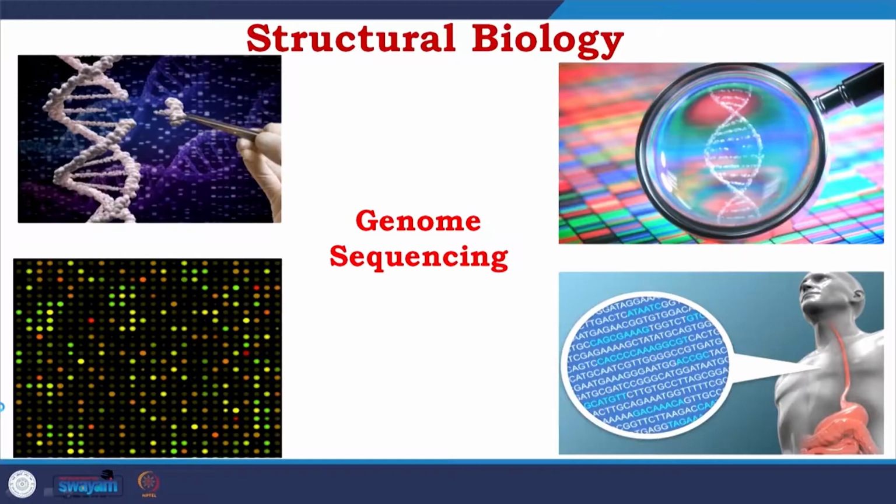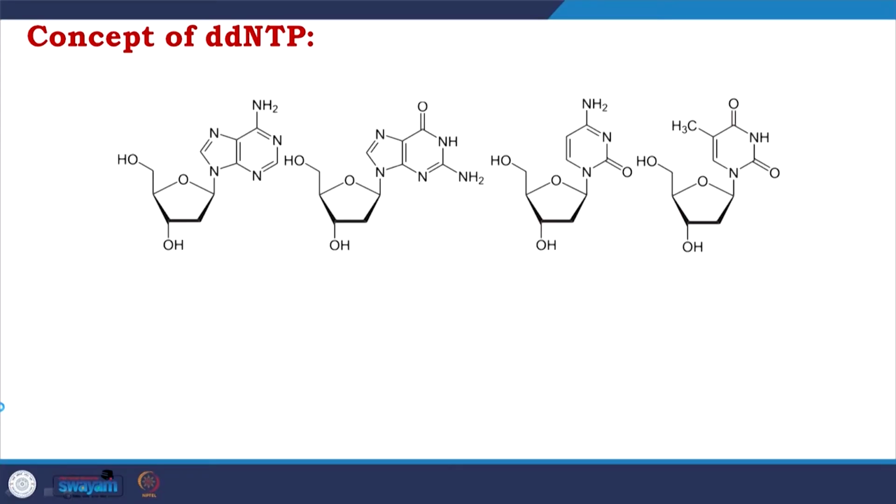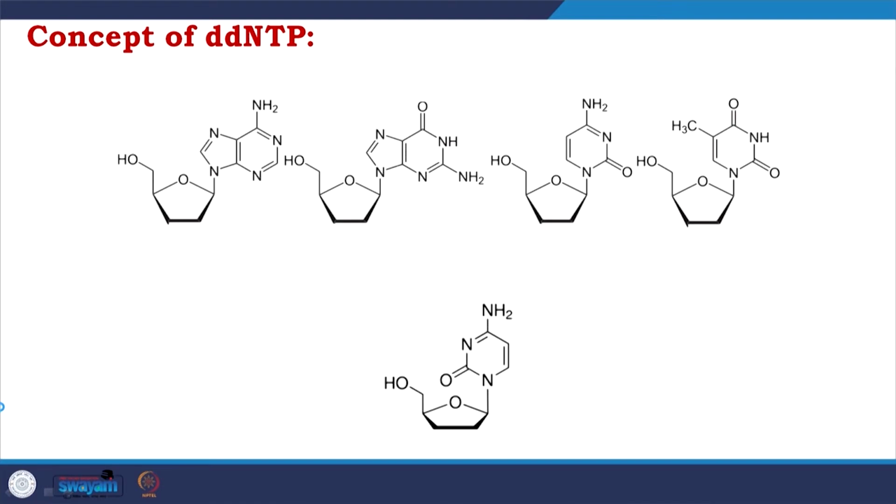Hi, welcome again to the course of Structural Biology. Today we are going to class 4, and we are going to discuss genome sequencing and the interesting changes that happened around it. We talked about the concept of dideoxynucleotide phosphate, which helps us understand how we could go for chain termination.